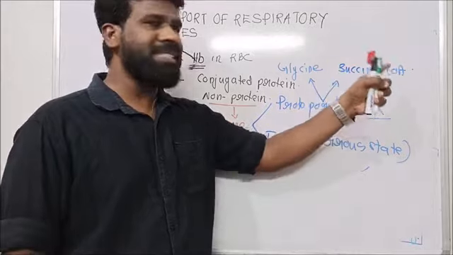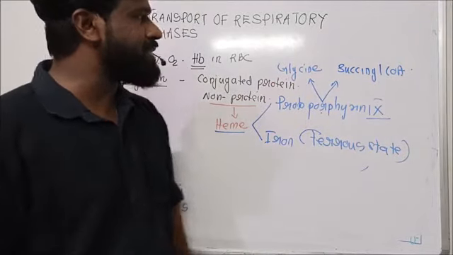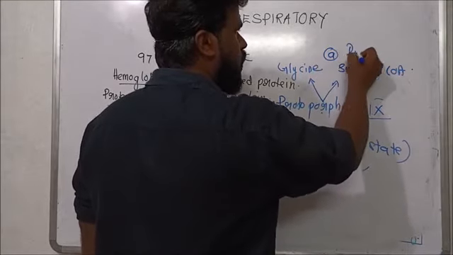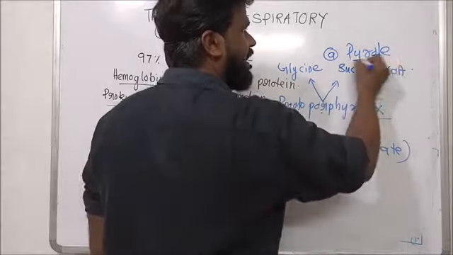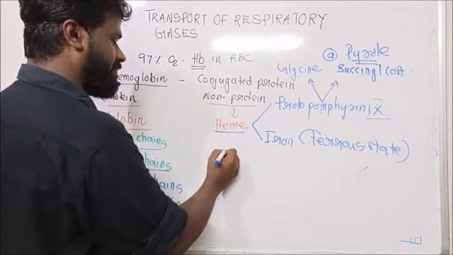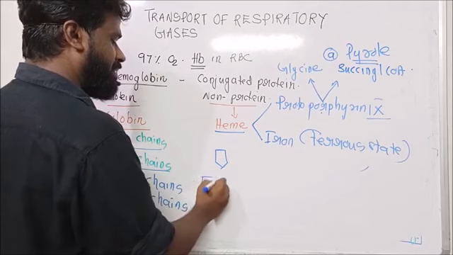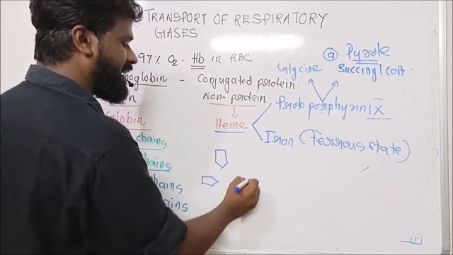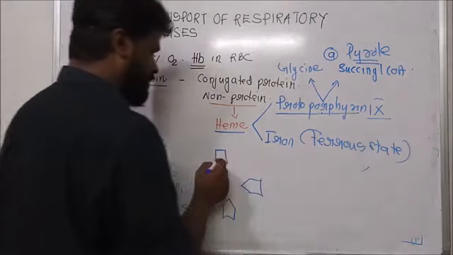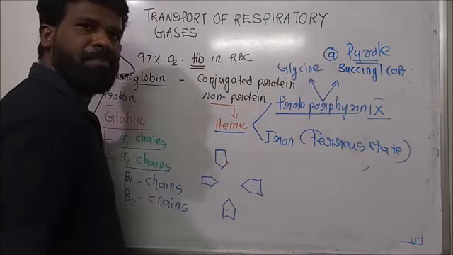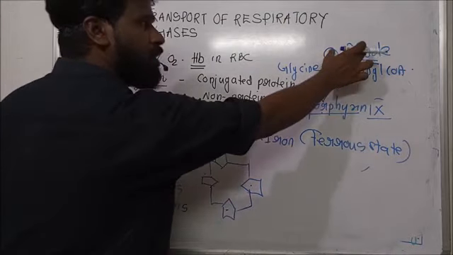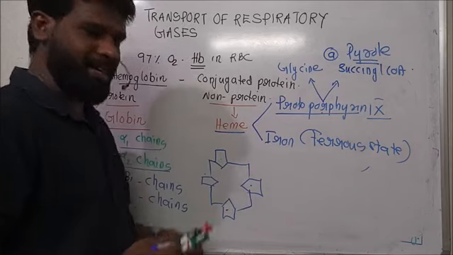So the succinyl coenzyme A of the Krebs cycle combines with the amino acid glycine to form a pyrrole ring. Suppose this is a pyrrole ring. And 4 pyrrole rings combine to form a protoporphyrin.